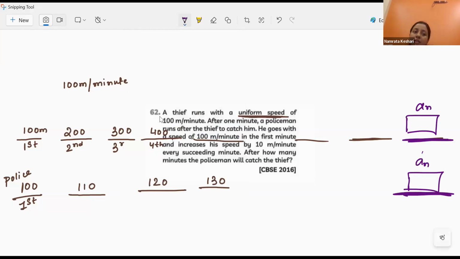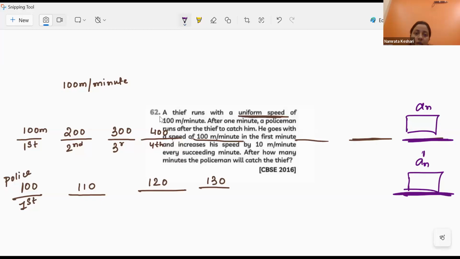That will be the place where the policeman will catch the thief. Yes or no? Is it making sense, Rayan and Ritvika?